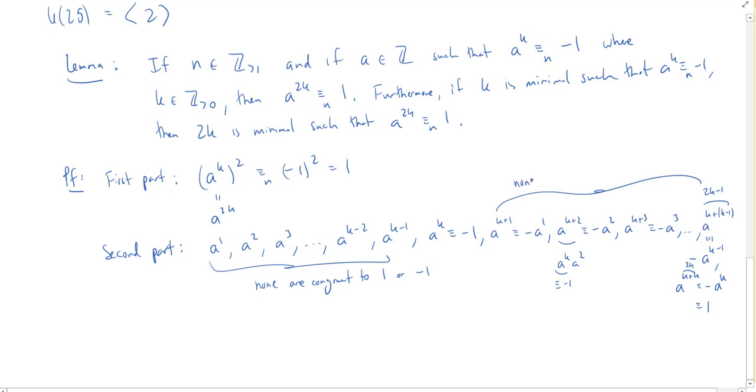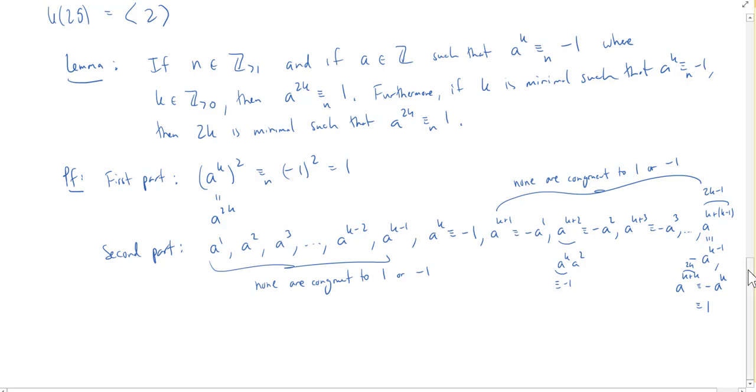So none are congruent to 1 or -1. So the first time you get the negative one, if that's at k, then the first time you can get a positive one is at 2k. And there we go.